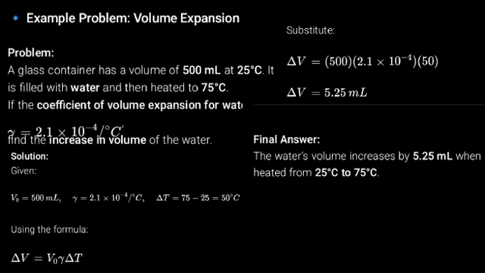Solution. Given. Let's substitute 500 times 2.1 x 10 to the power of negative 4 times 50. The answer is 5.25 ml.